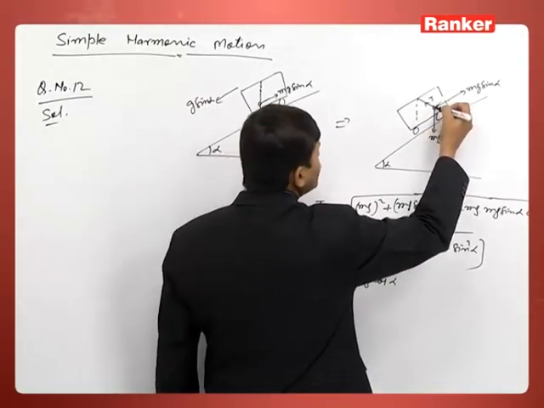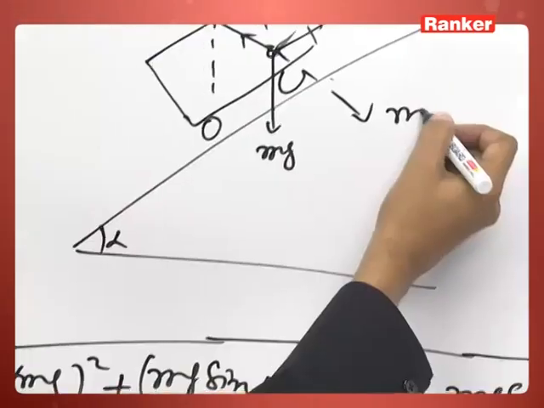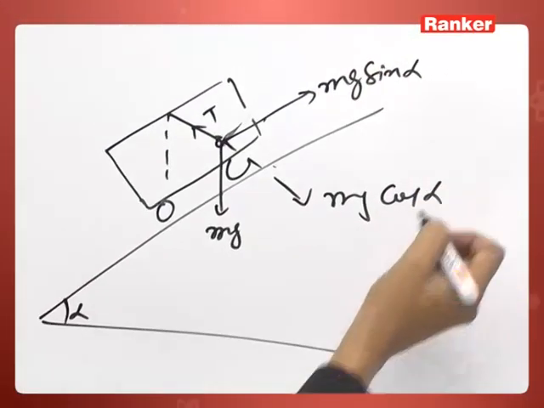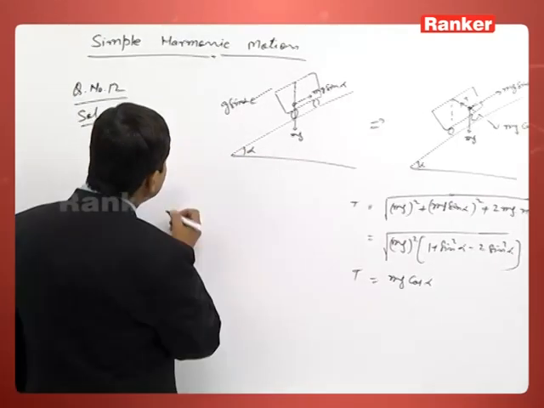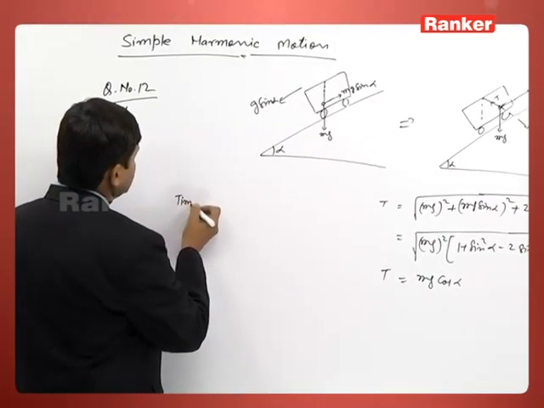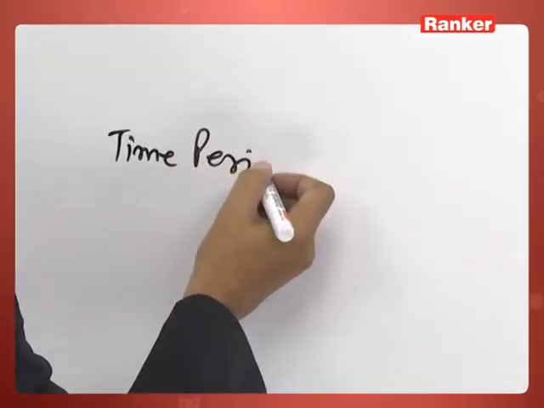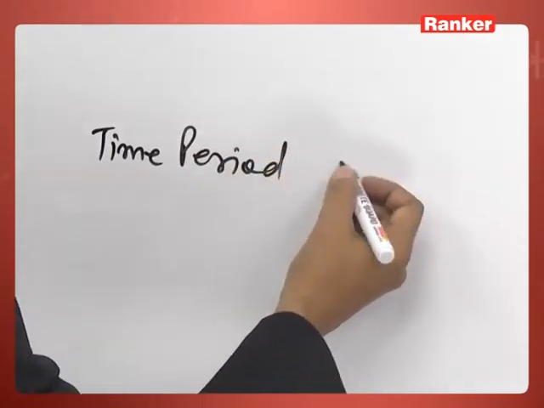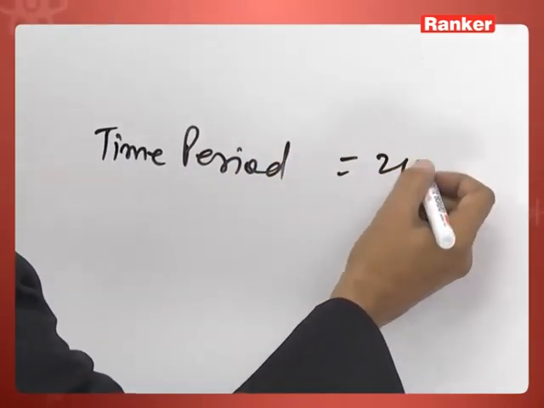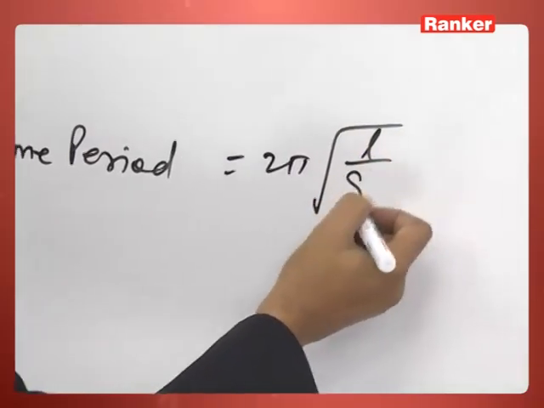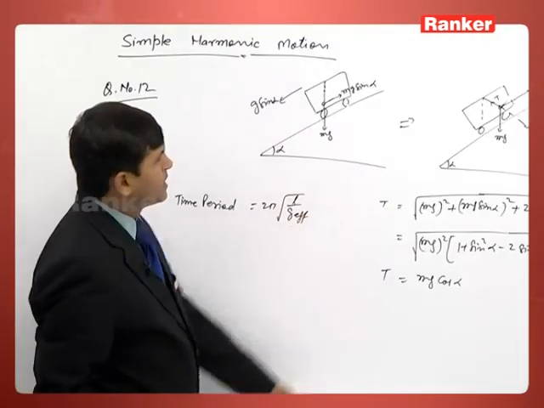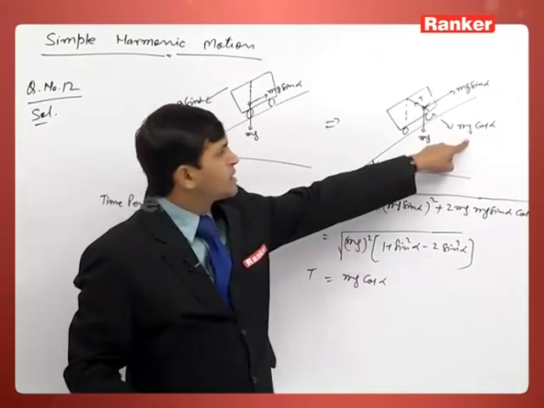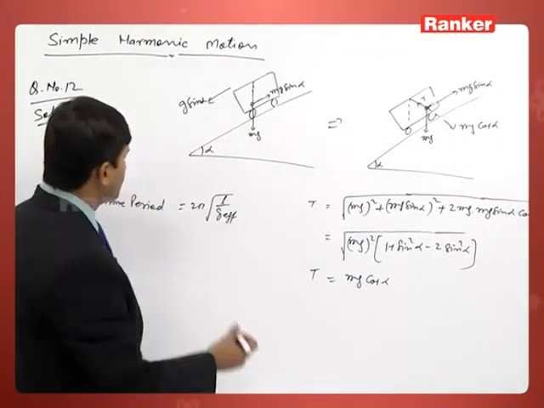So the resultant force here is mg cos alpha. So the time period is equal to 2 pi root over L by g effective. Here g effective is g cos alpha.